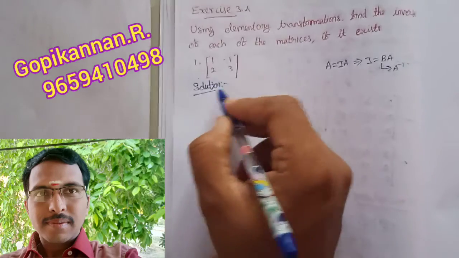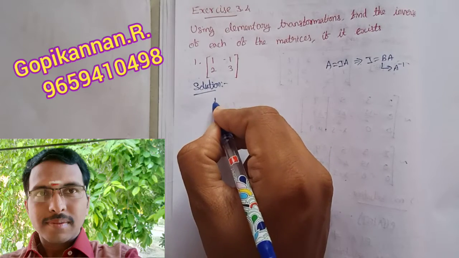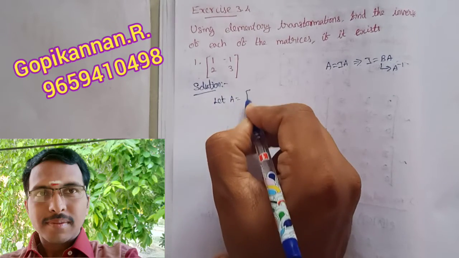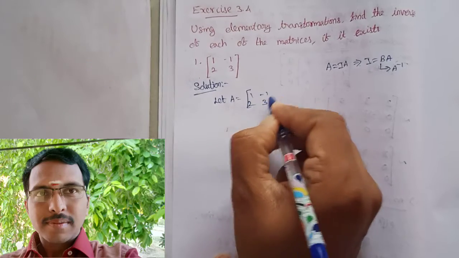So first of all, I consider the equation. Let A equal to 1, minus 1, 2, 3.